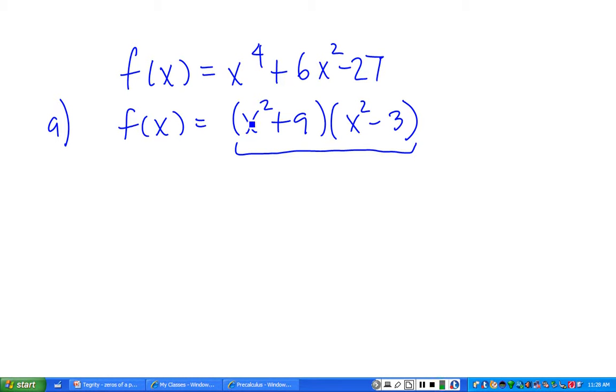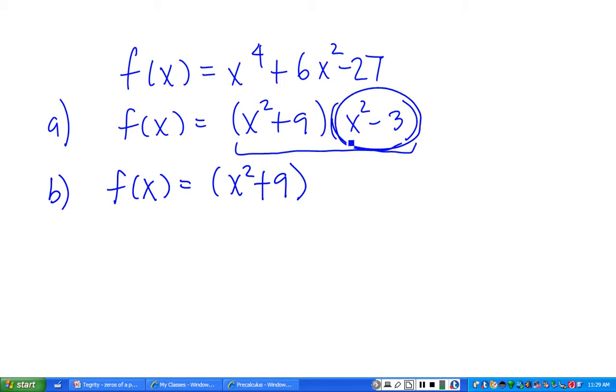So if you notice here, x squared plus 9, if we subtracted 9 and did the square root of, we're going to end up with an i over here. So that's what they don't want you to factor out. They want you to factor out the other factor. So keep this as x squared plus 9, but they want you to figure out what are the linear factors for x squared minus 3.